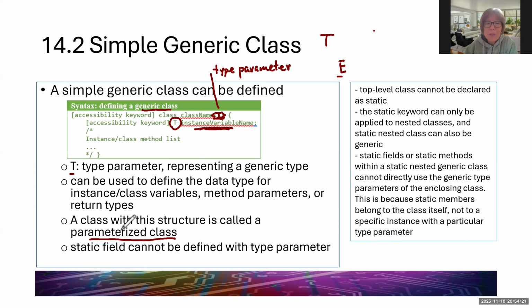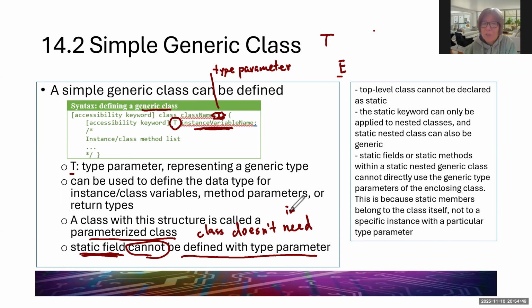But a static field cannot be defined with a type parameter. So here, be careful. Static field cannot be defined. Why? Because a static field, we call it a class field. A class field doesn't need an instance.